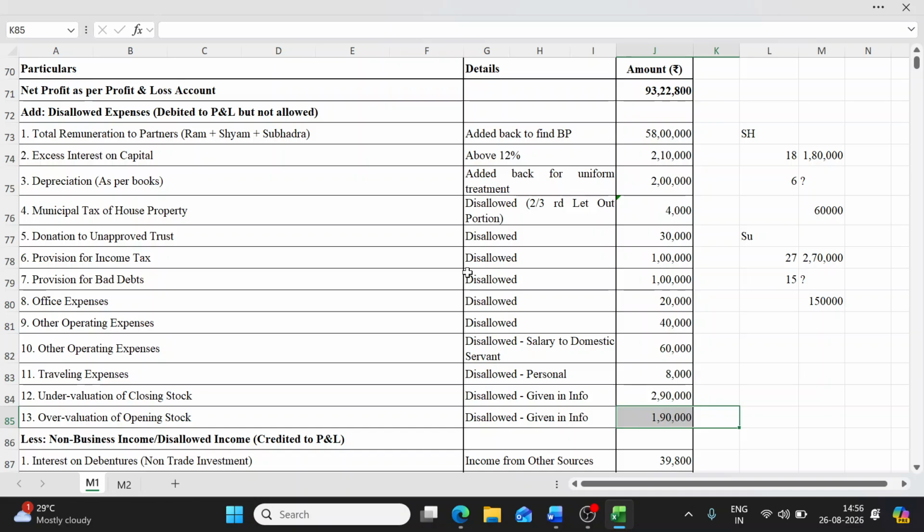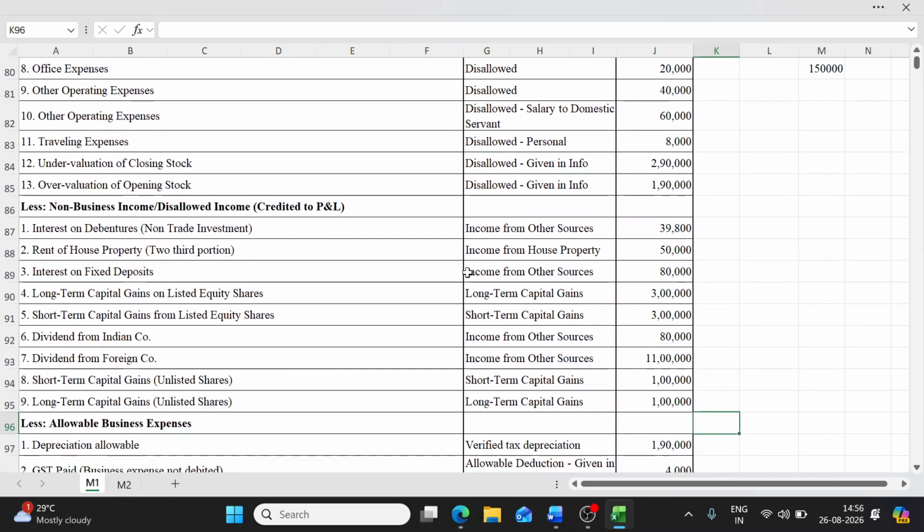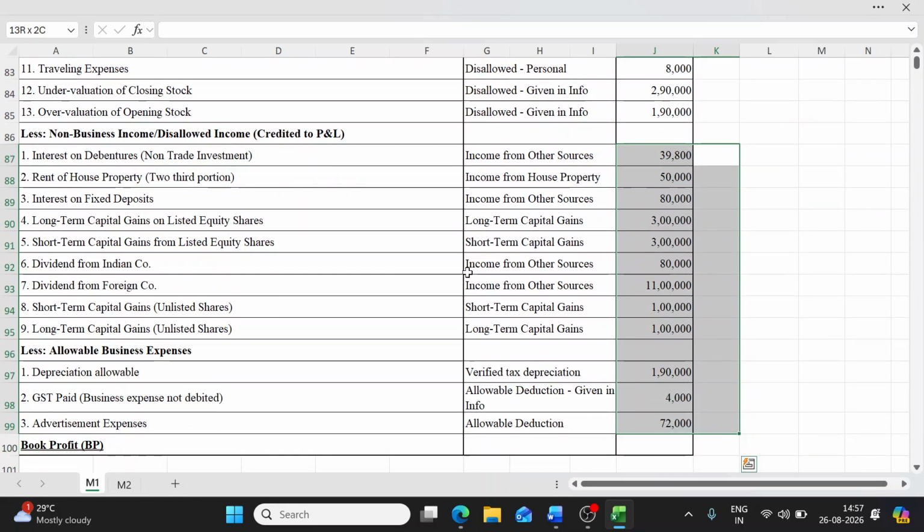After this addition, deduct non-business incomes which we have recorded over here, means from the previous total, deduct all these figures from 39,800 to 72,000, and at the end you will get the book profit.